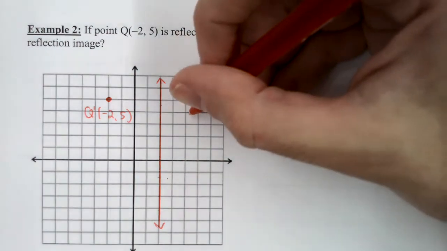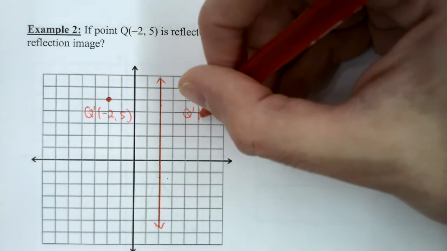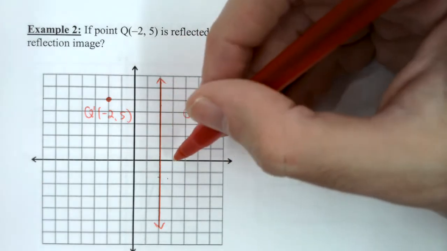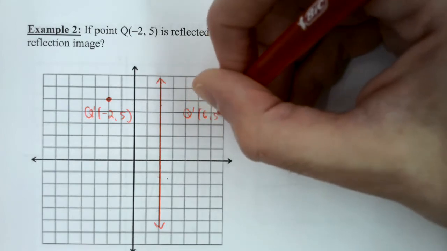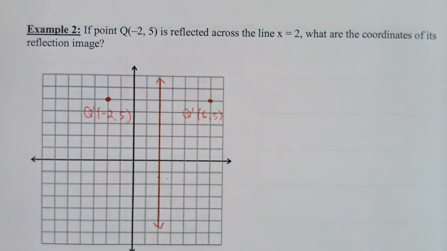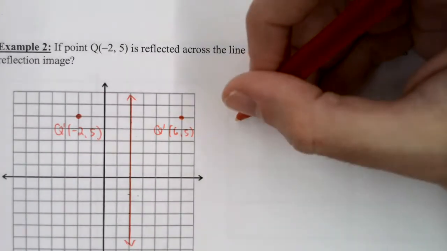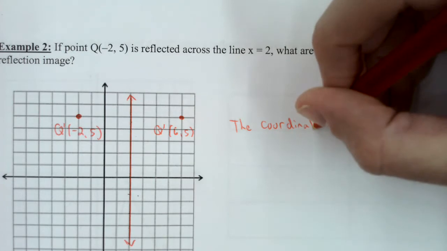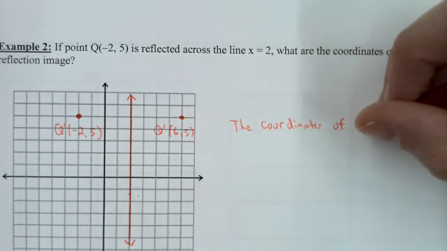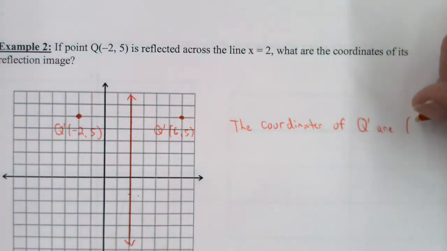So this is Q prime right there. Q prime is at 1, 2, 3, 4, 5, 6, 5. Okay, so I'll say the coordinates of Q prime are 6, 5.